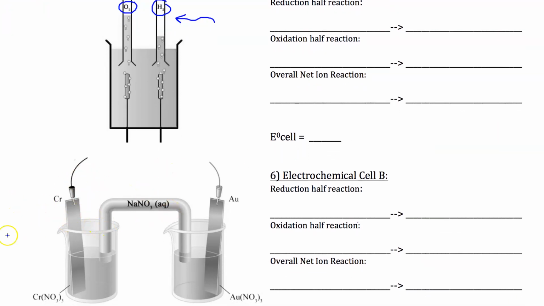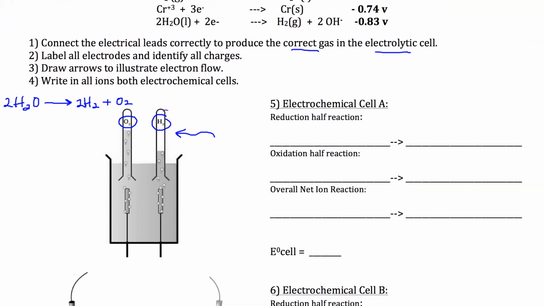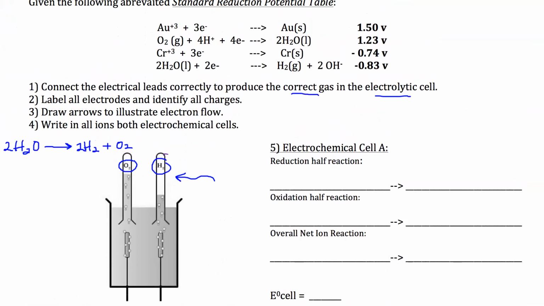The salt bridge gives it away. We're forcing this reaction by the energy provided. Anytime there's an electrolytic cell, you must have an energy source because they're always non-spontaneous. So the first thing I want to do is connect the electrical leads correctly to produce the correct gas.